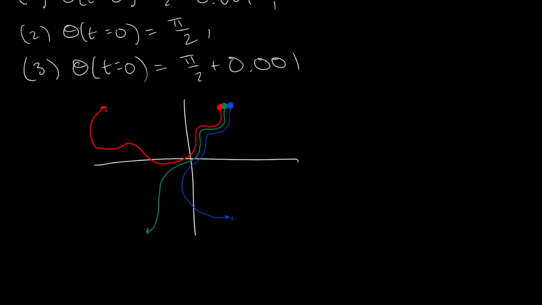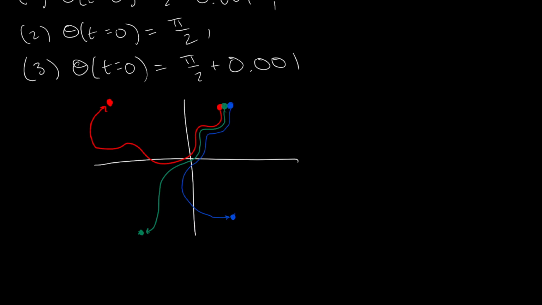So by saying that the systems are very different at a later time, what we're essentially saying is that the points end up at very different points in phase space. We evolve it, and these points end up very far apart in phase space after some given amount of time.